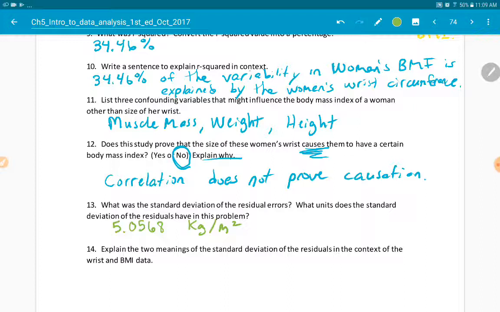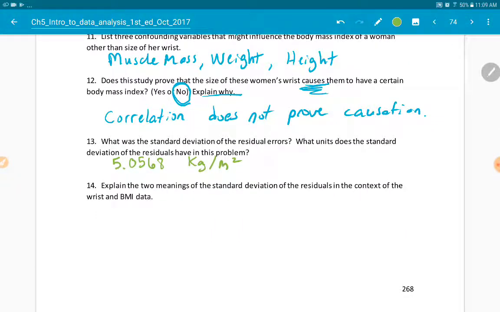And explain two meanings. So the first meaning is the average prediction error is 5.0568. And that's one.